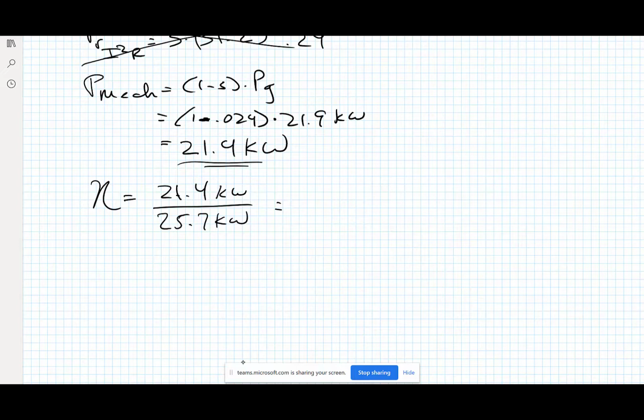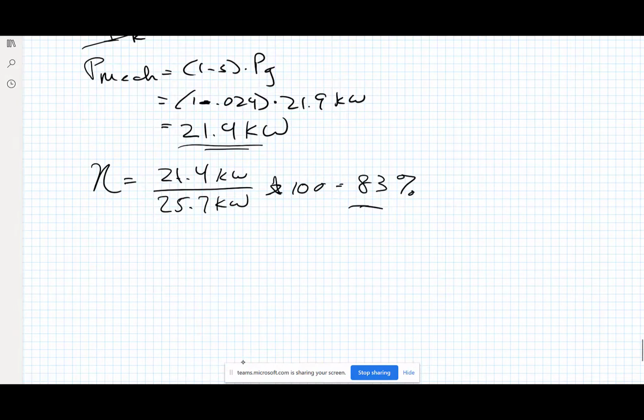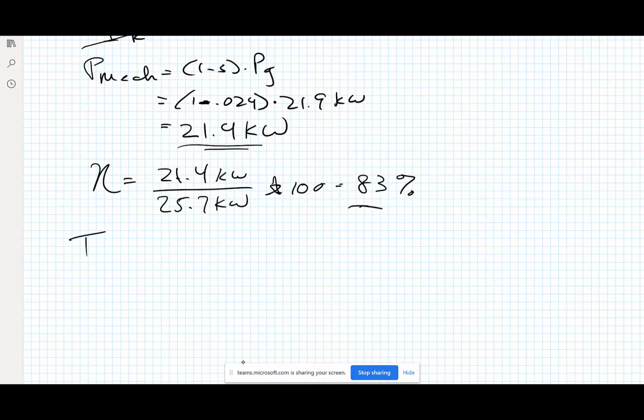So 21.4 divided by 25.7, it's 83%. That seems a little bit low. So I'm going to redo it, but stay tuned. But the next thing I want to do is check this.